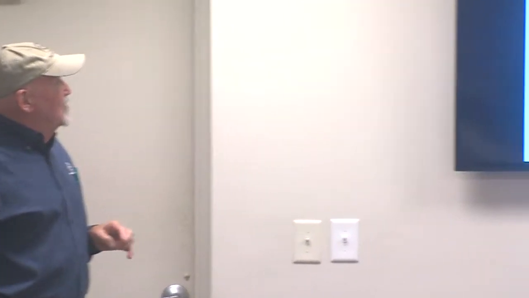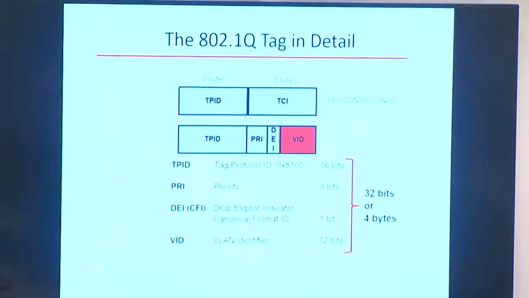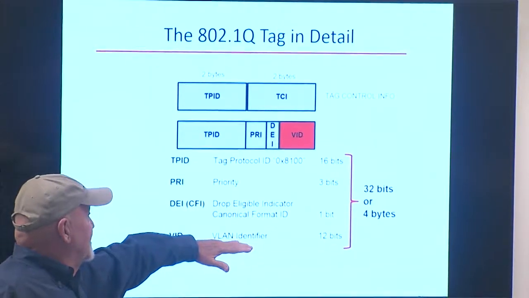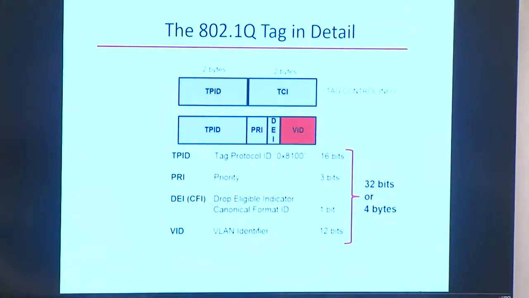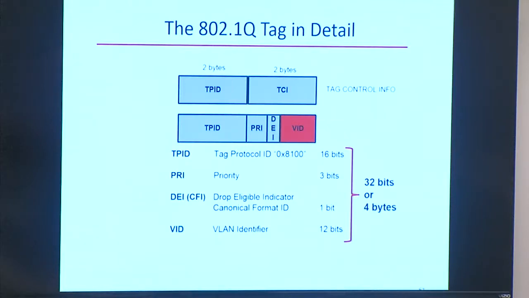Looking down a little bit more at some of the details, what we're really most concerned about is the VLAN Identifier. We have 12 bits we can work with, and we can all take 2 and raise it to the 12th power in our head, right? Okay. Well, that gives us about 4,000 and something possible VLAN combinations.